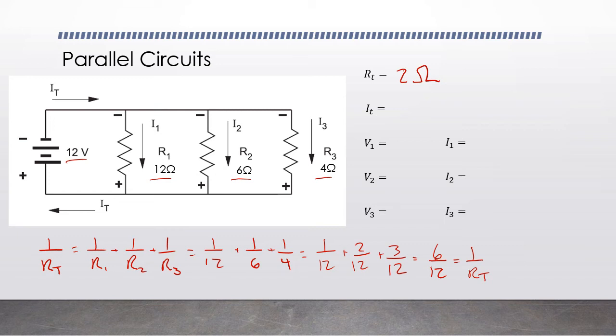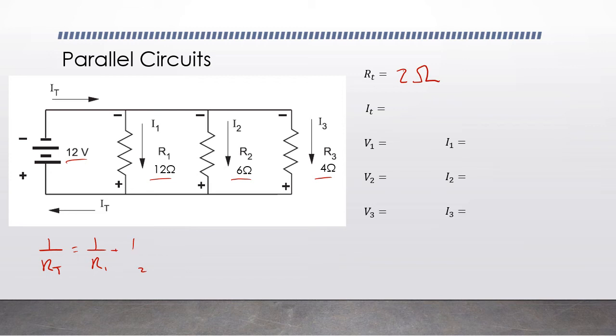So now you might notice that RT is actually less than each of the individual resistors. That seems kind of weird, but here's why. Pretend it's a dam, right? You have this energy behind the dam, you have water.